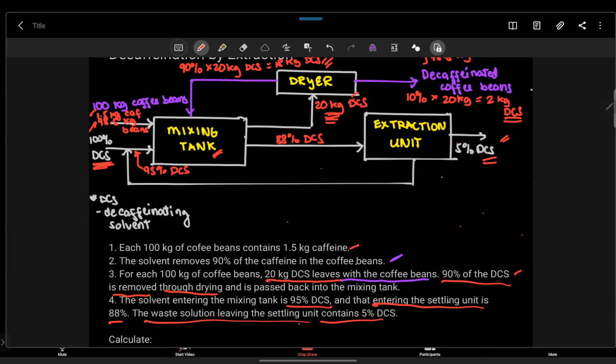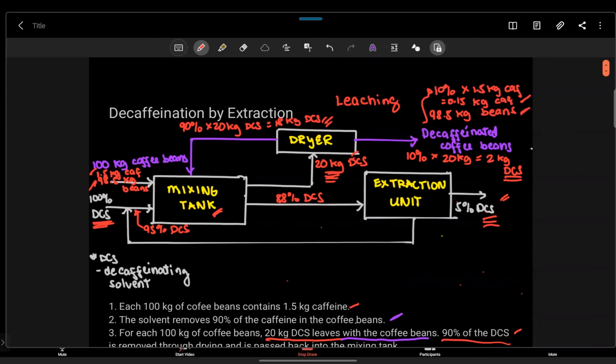Okay. Now, imagine, dito sa waste solution natin na 5% DCS, ano ba ang kanyang kasama? Tatlo lang naman yung component dito. May coffee bean, may DCS, at mayroong caffeine. Right? Yung coffee bean natin, nandun siya lahat sa stream na to. Therefore, dito sa part na to, sa recycle, sa extraction unit, wala na siyang natitirang coffee bean.